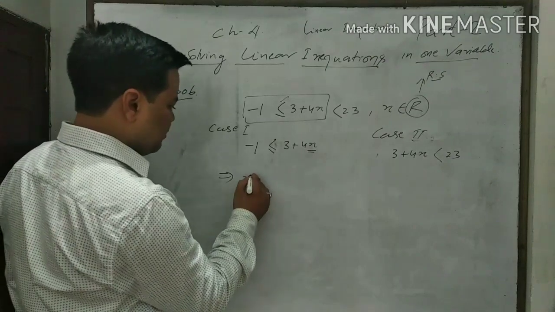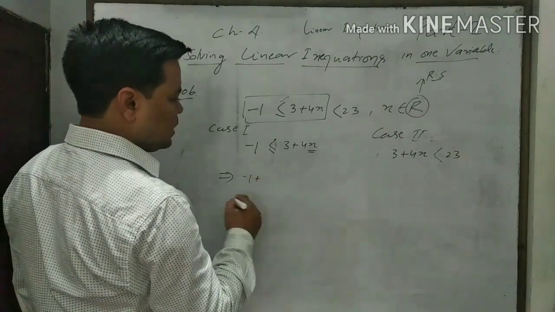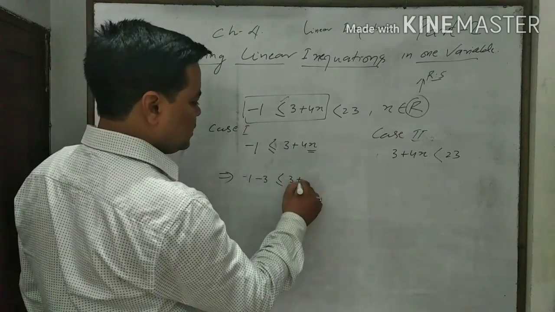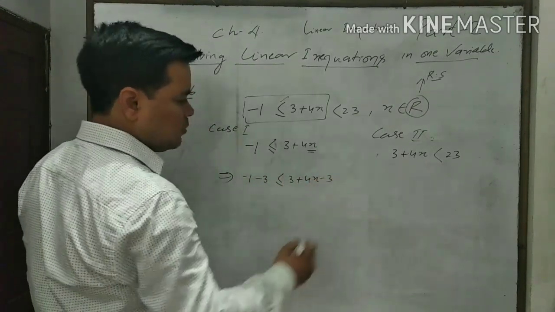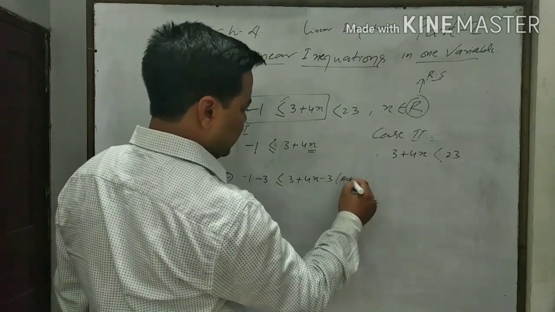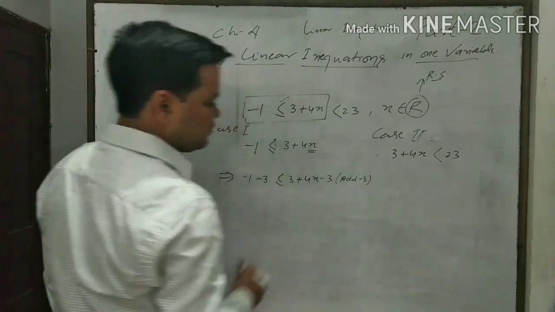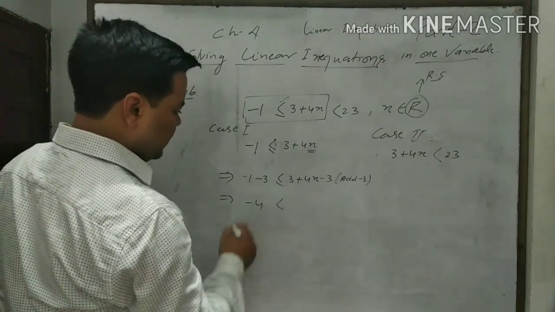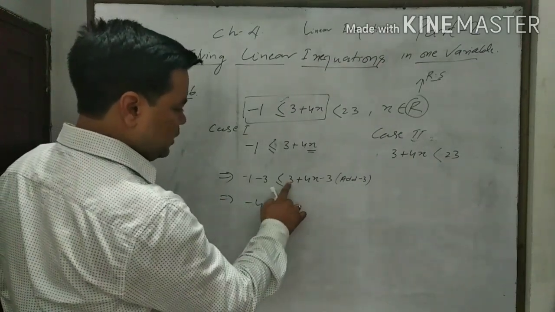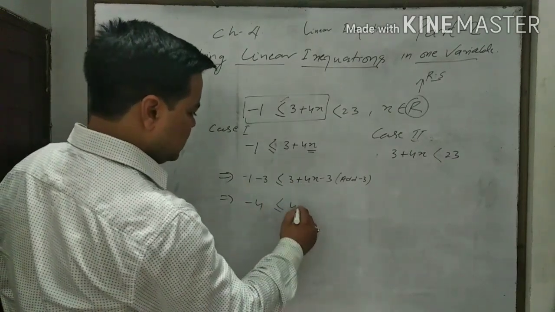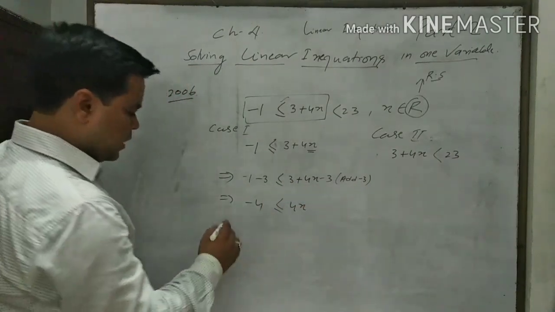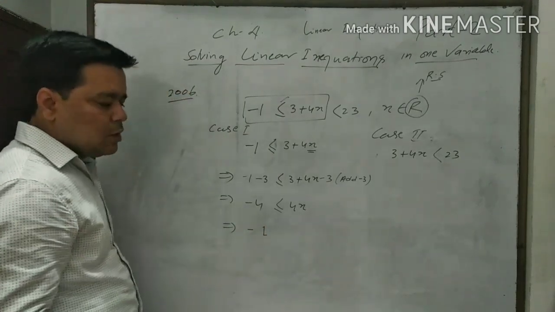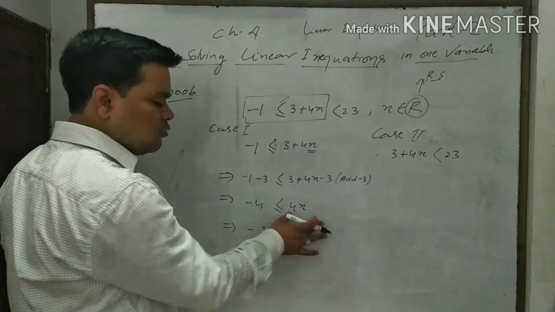Then it will be -1 - 3, and 3 + 4x - 3. Its value will be -4, and the 3 and this 3 cancel, so it will be 4x. Again, we want to make the coefficient of x equal to 1.